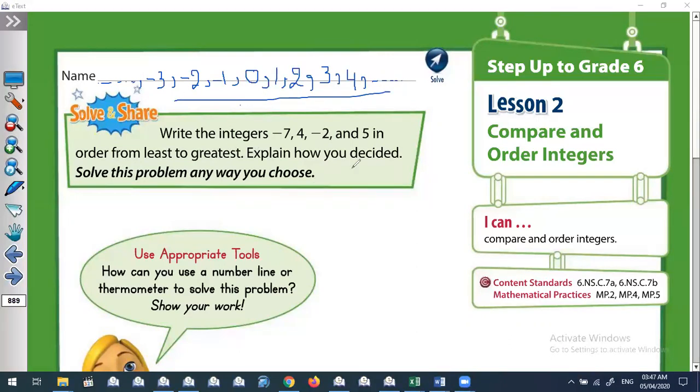Today we are going to learn how to compare between two integers. First, you have to study this note.